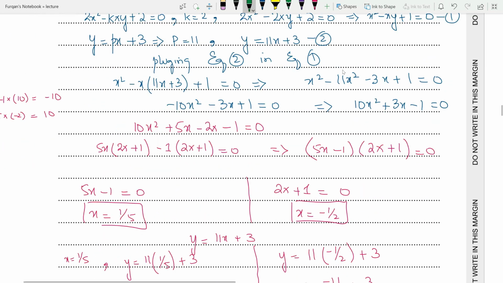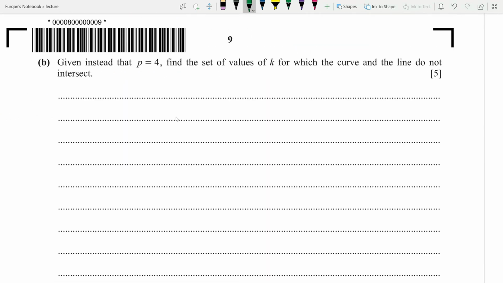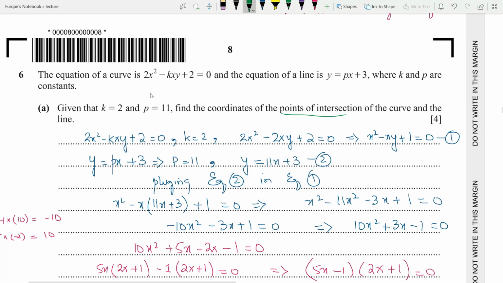Now let's move to part B. Part B: given in the sheet that p is equal to 4, find the set of values of k for which the curve and line do not intersect. First we write the curve equation and the line equation.